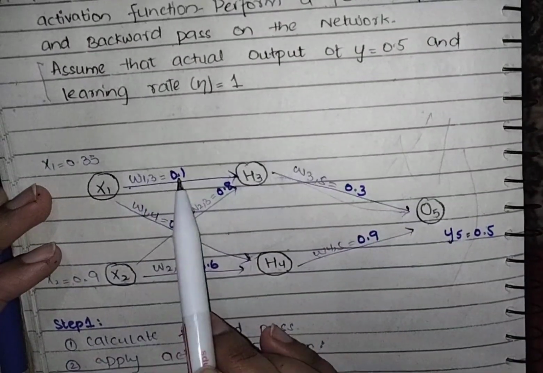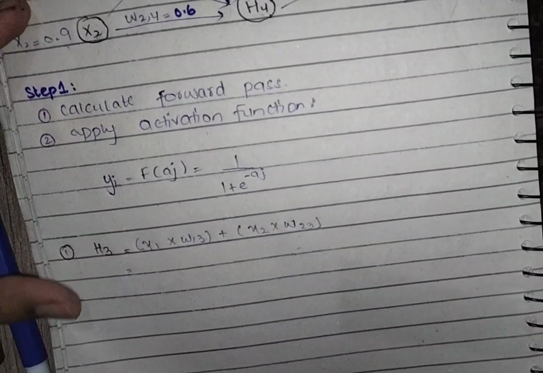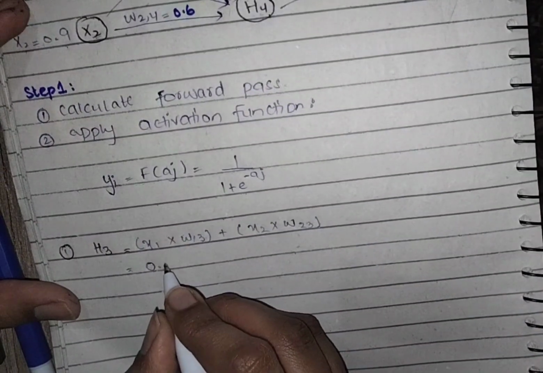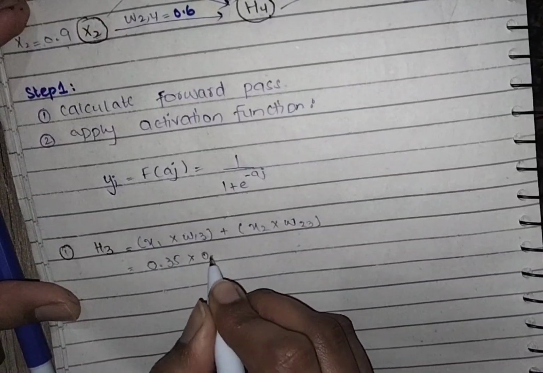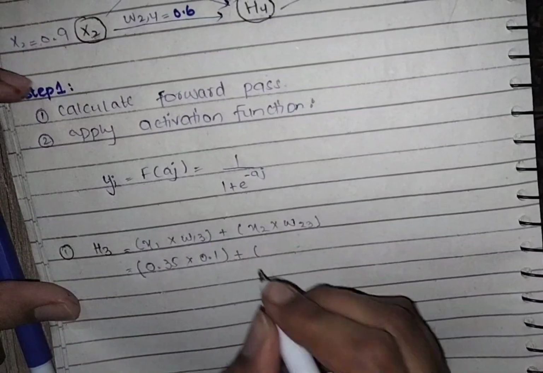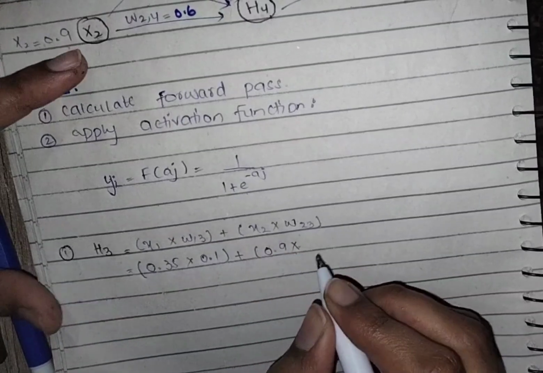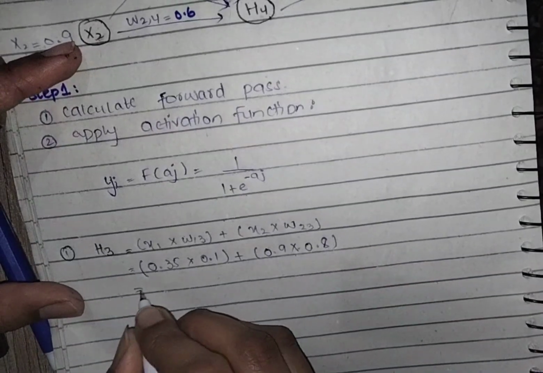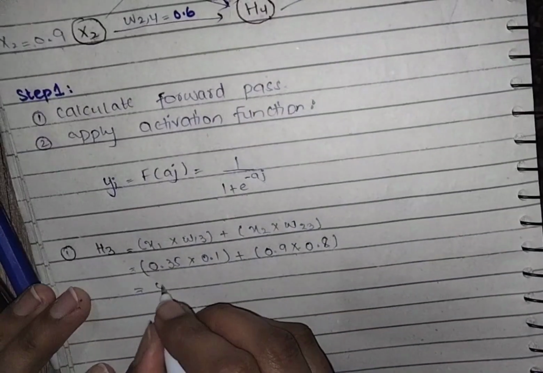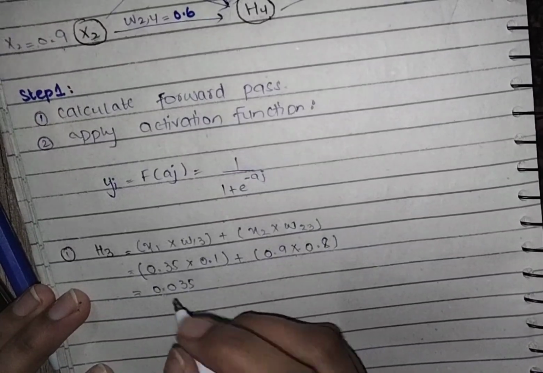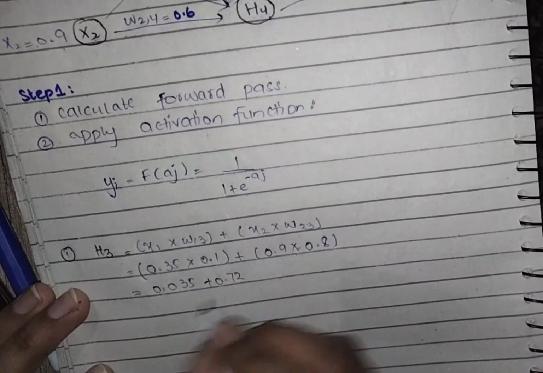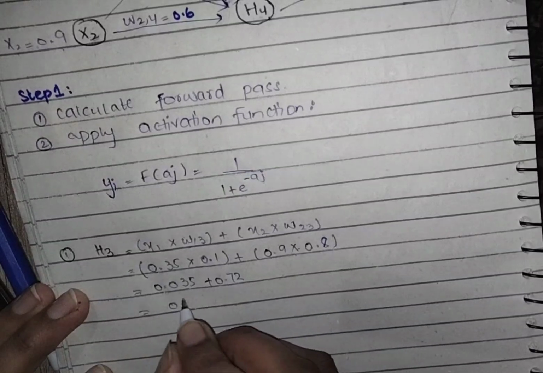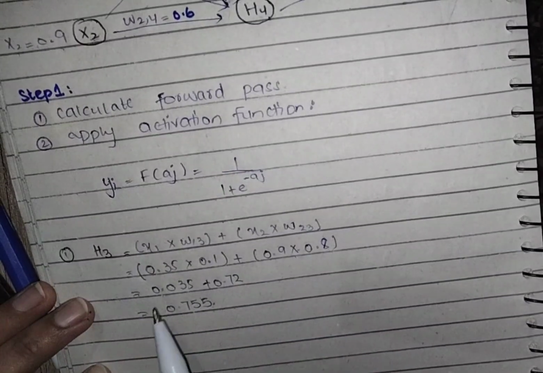The value of x1 is 0.35 and w13 is 0.1, so 0.35 multiplied by 0.1, plus the value of x2, which is 0.9, multiplied by w23, which is 0.8. That is 0.035 plus 0.72, which adds to 0.755. Right, this is the value of the hidden node, but we will apply an activation function to it.